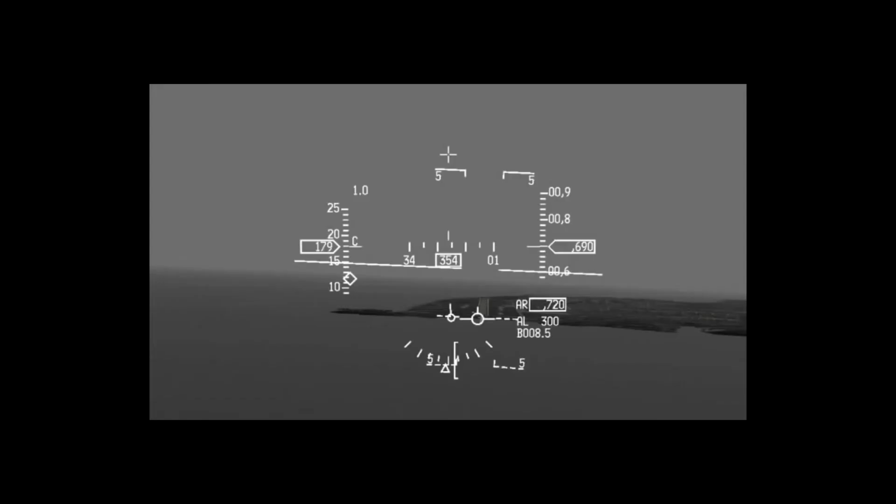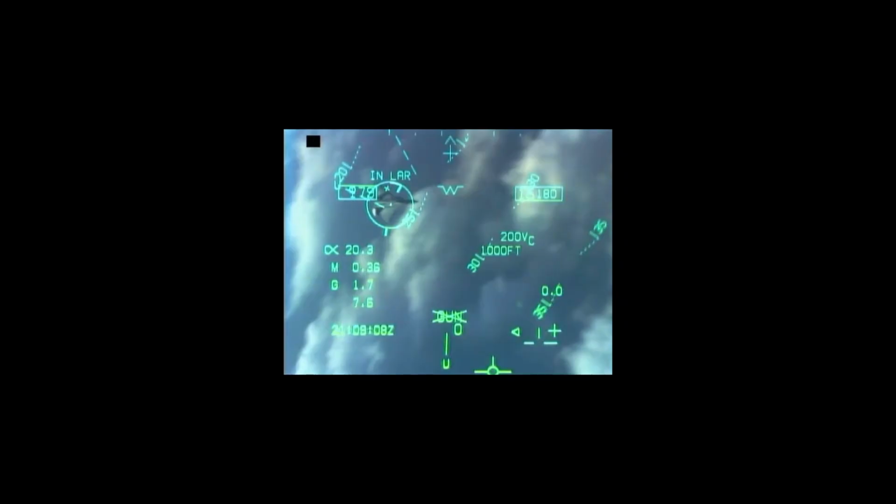Going back to the idea of a fighter jet HUD, it is stripped down to the point of absolute bare bones. There is nothing in a fighter jet HUD that is decorative. There's nothing there to look cool.